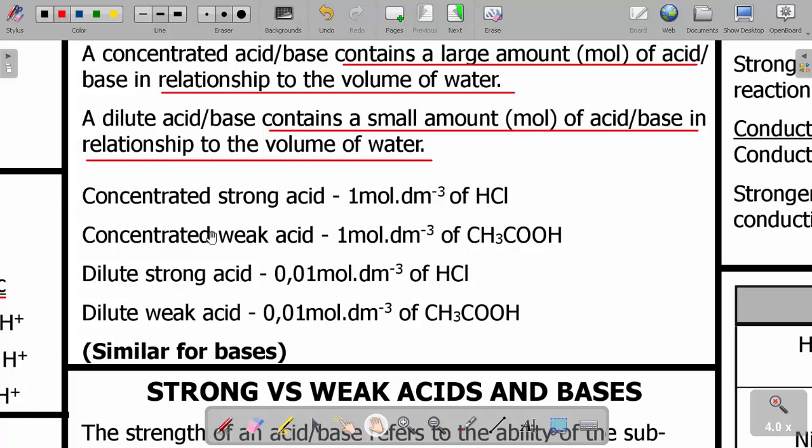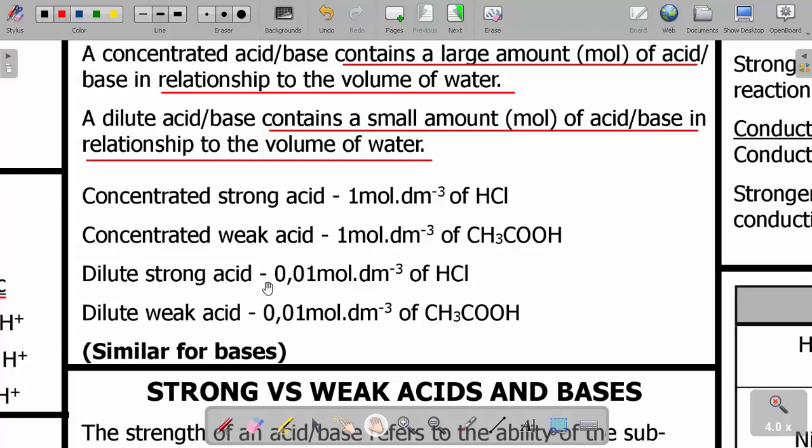Actually, a weak acid is one which partially ionizes in water. So I repeat, if they say define a weak acid, you say it is the acid which does not completely ionize in water. What about a dilute strong acid?